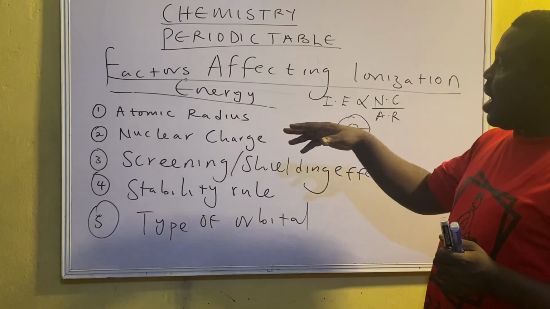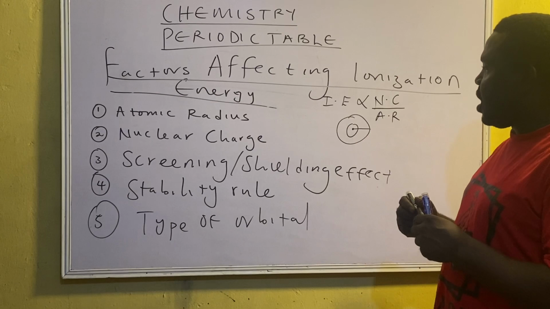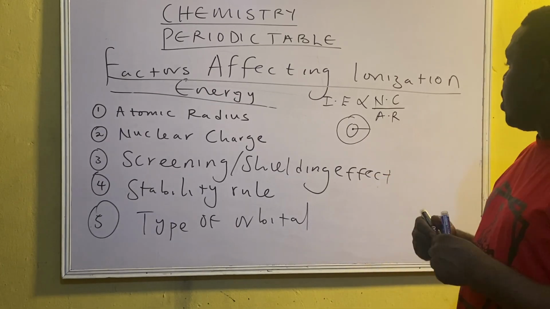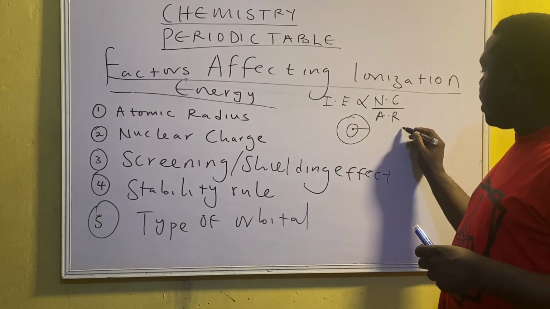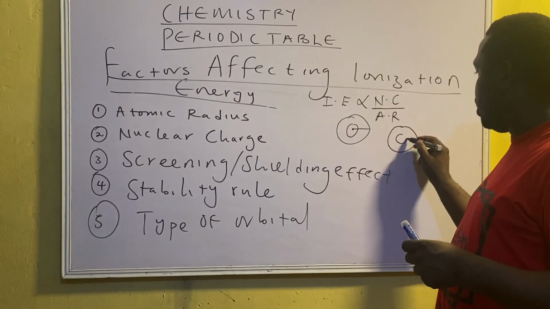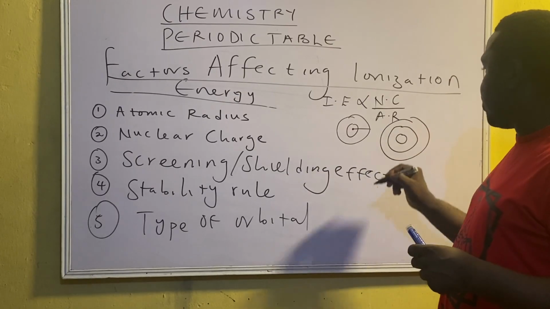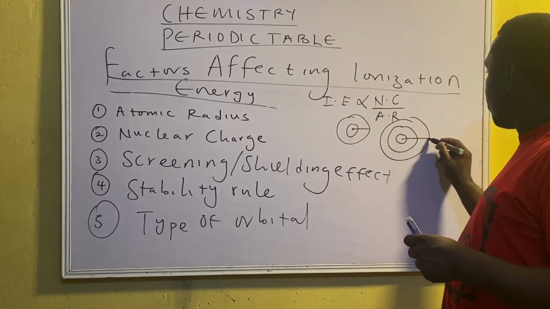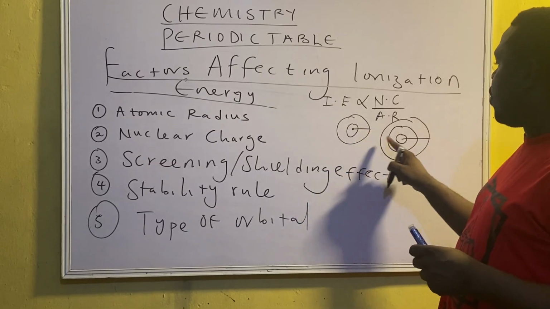And the atomic size tends to increase when the number of shells increases. I think that's common sense actually, because if I increase this now what do you expect? It's going to increase obviously. This is longer than this.